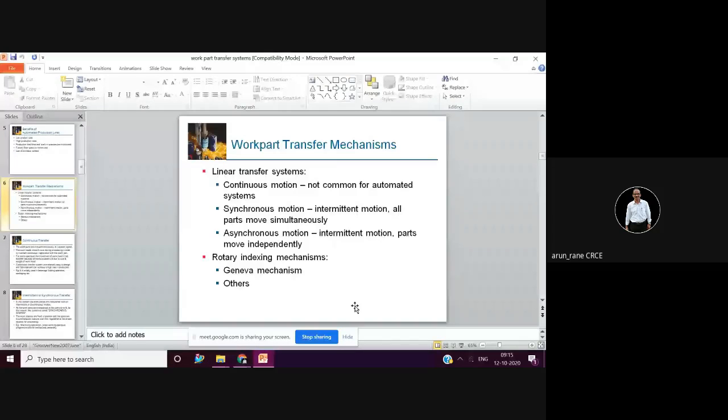So depending upon your space, you are designing the lines, and of course there are advantages and disadvantages associated with the different lines. Suppose you go for a linear transfer system, then it becomes very difficult to reach from one station to the 20th station, or the 30th, or the 40th station, because it's very long.